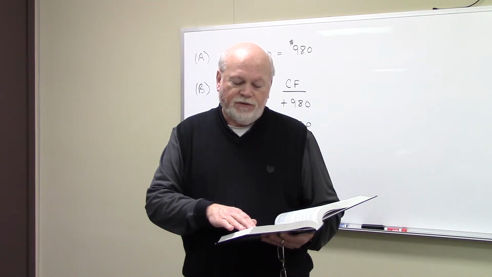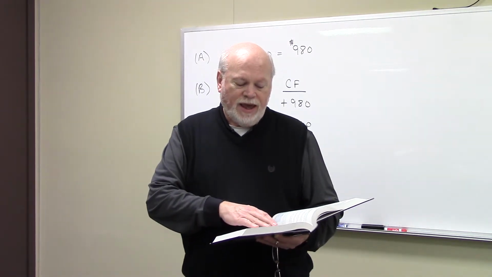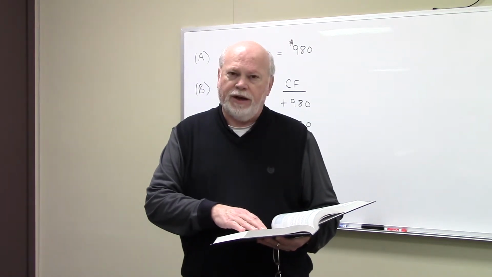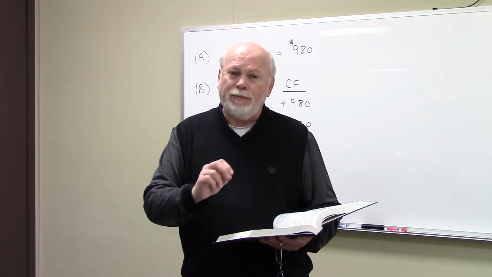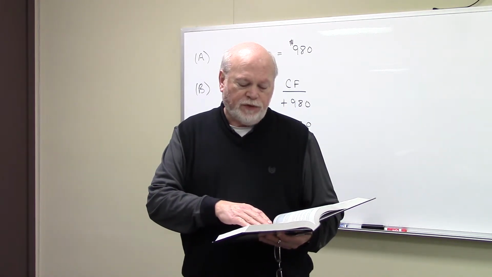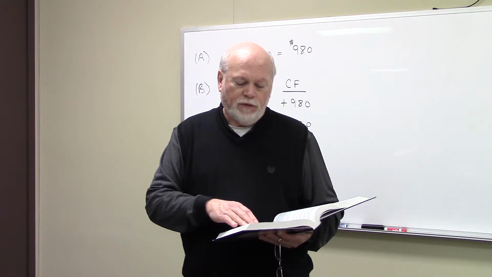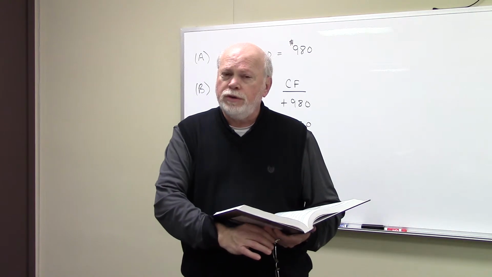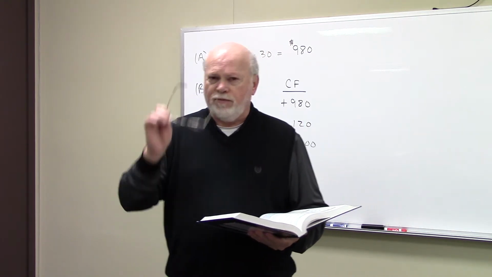The firm is in the 40% tax bracket. And the A part says find the net proceeds from the sale of the bond. That is, they want you to find the net price of the bond. The B part says show the cash flows from the firm's point of view over the maturity of the bond. So we're going to work those two parts of the problem first.